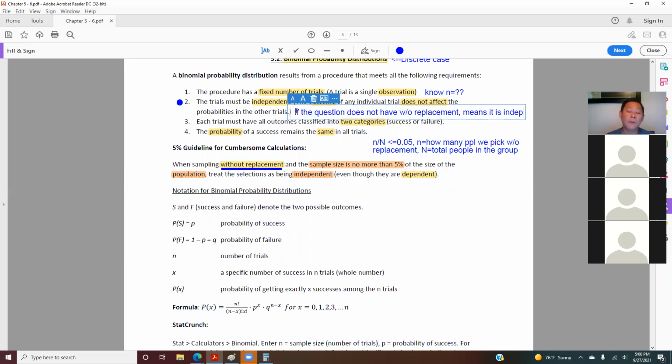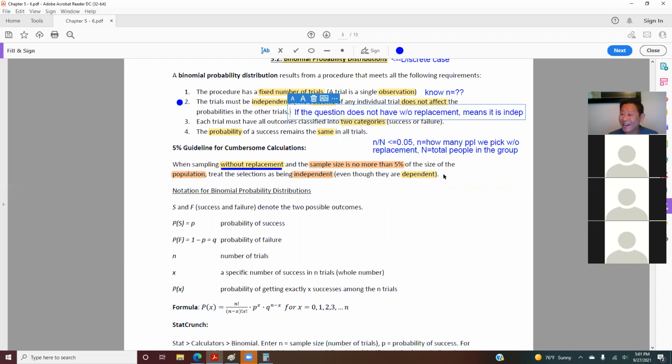Most of the questions you read through don't have the words without replacement, so we assume that it is independent. For example, the girls that we did, 1 girl, 2 girls, 3 girls. We do not need to check because we know it is independent already, because the second kid doesn't depend on the first kid's outcome.